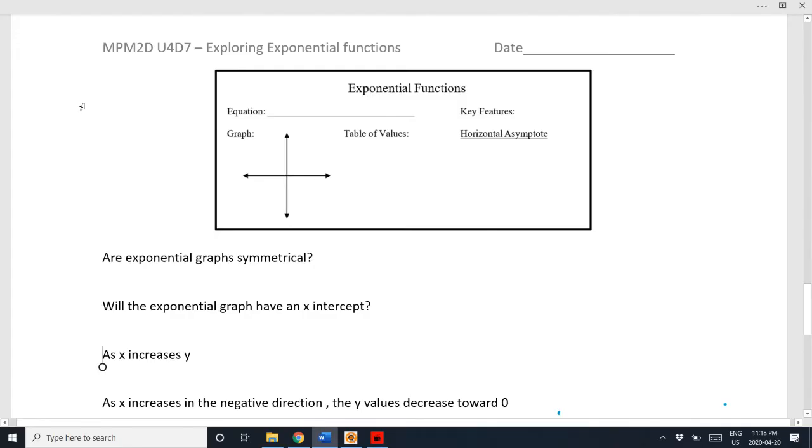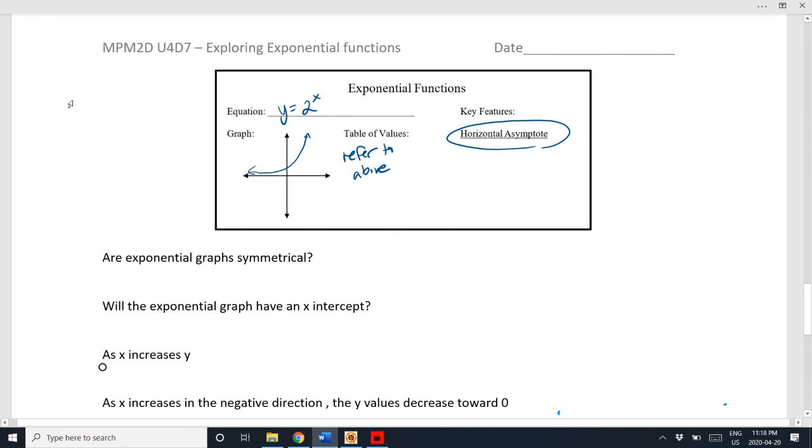Let's summarize everything we've learned about exponential functions. The equation is in the form y is equal to 2 to the power of x. This is just an example. The base could be anything. The graph of it would look like this, and it grows in a way we call exponential growth. You can see it getting bigger and bigger. The table of values, we'll just refer to the one above. And the key feature is the horizontal asymptote.